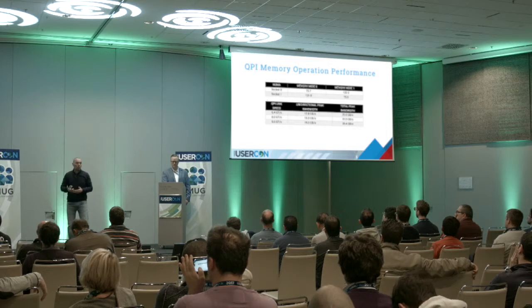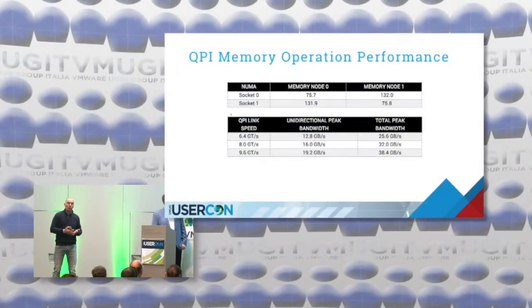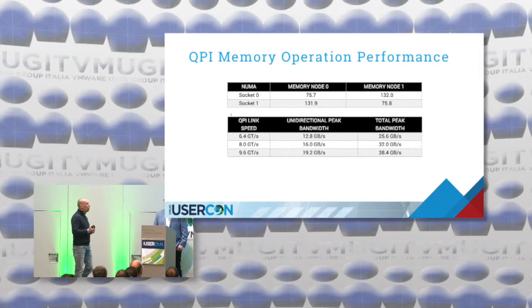So almost twice as much, right? Now this is from a latency perspective, but there's also the bandwidth that you need to take into account. With the configuration of CPUs, especially the V3 and the V4 of the Xeon, you have 3 types of QPIs.